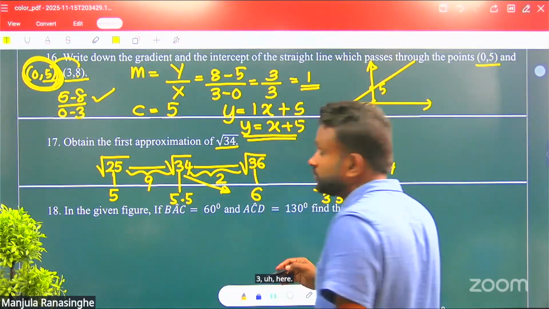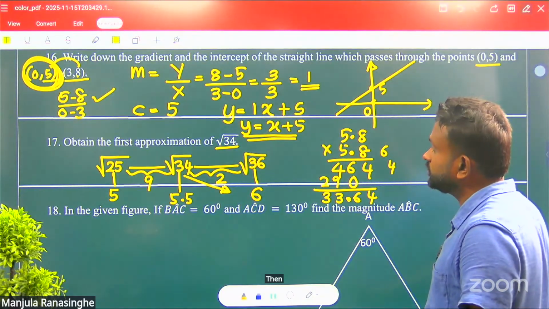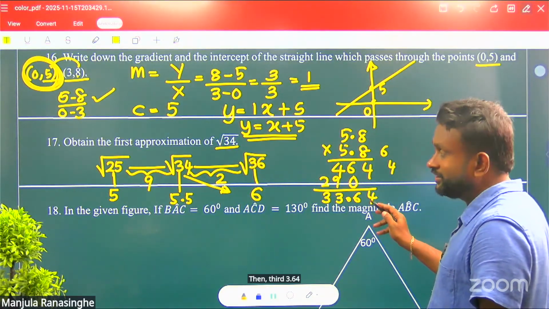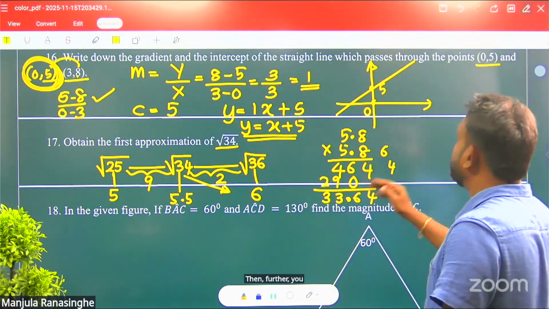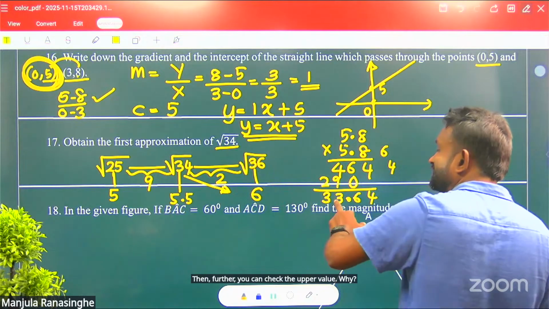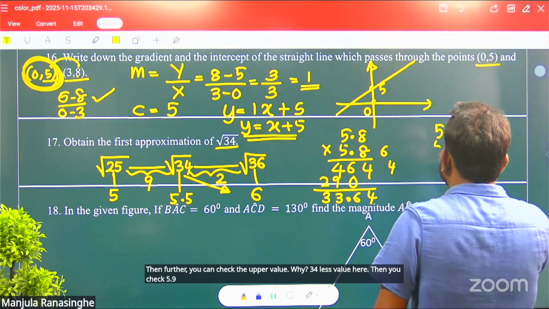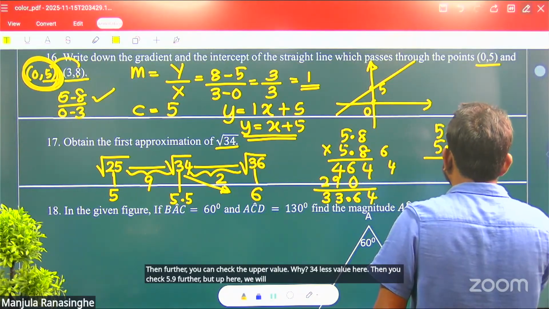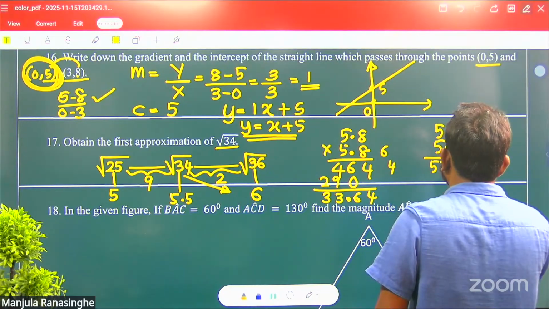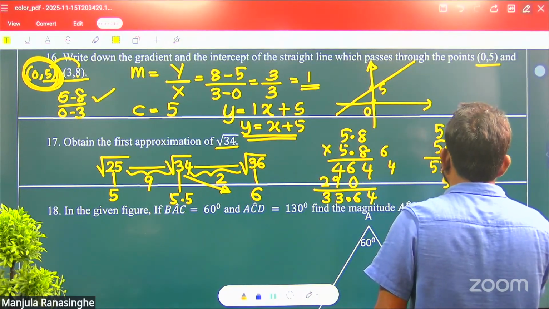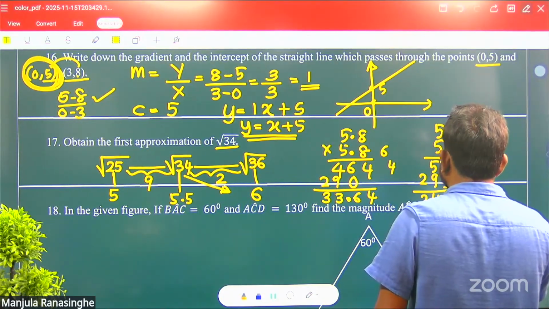Then 2 decimal places, we have to separate 1, 2, then 33.64. Then that is a bit lower than 34. Then further you can check the upper value. Why? Because 34 is a higher value. Then you check 5.9, 9 into 9, 34.81.